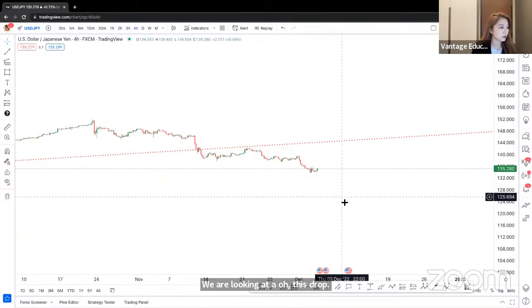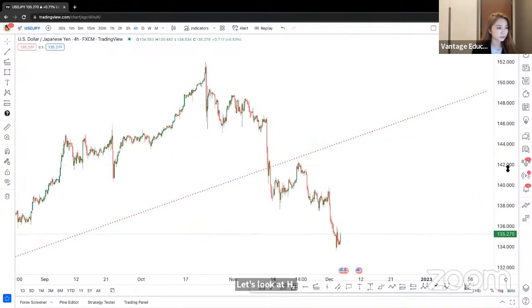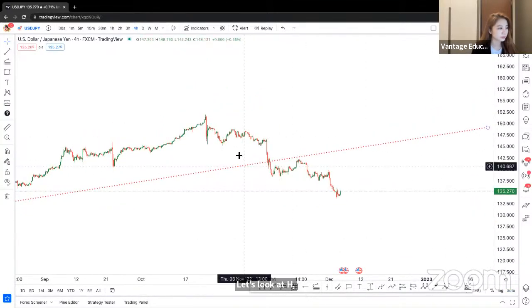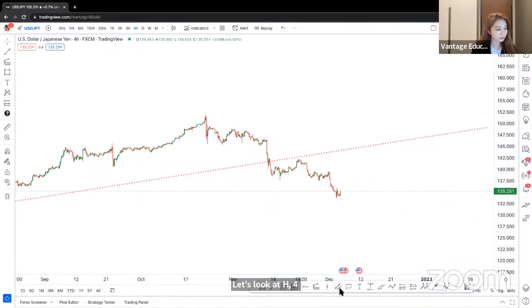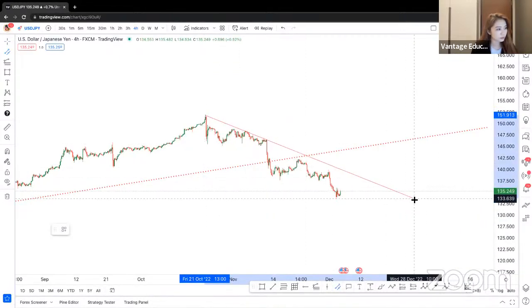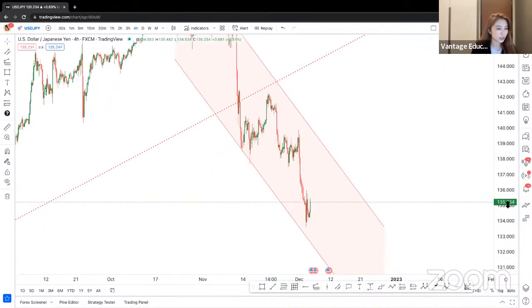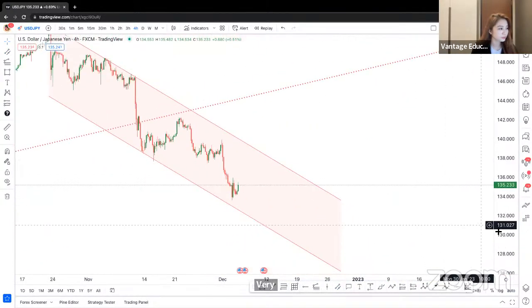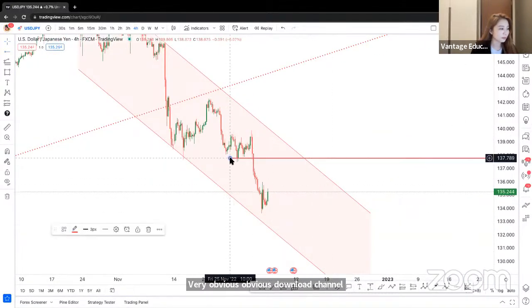Let's look at H4. Very obvious downward channel. Looks like it's gonna bounce back up very soon.